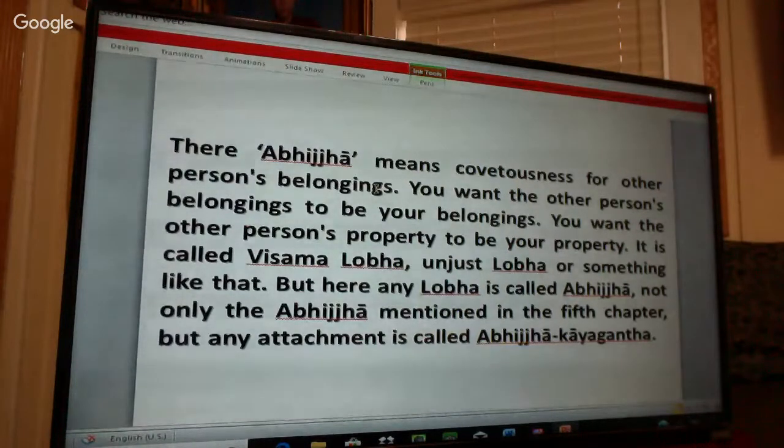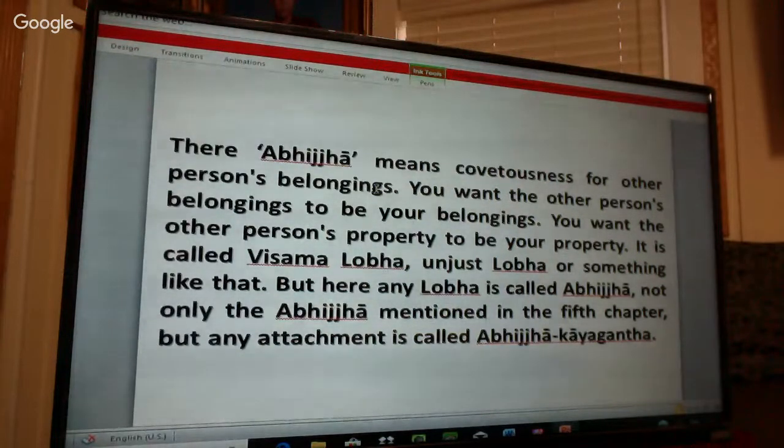But here, any lobha is called abhijjha. In Abhijjha Kaya Ganta, it is any kind of lobha, not only mental action but also all Kaya Kamma, Vaci Kamma, and Mano Kamma, all kinds of kamma with greed.